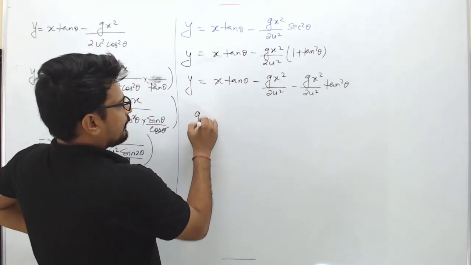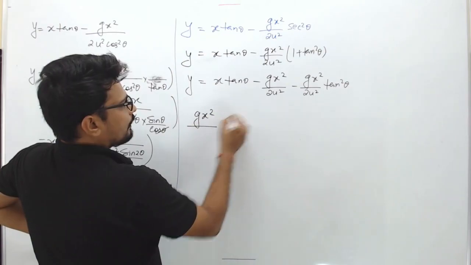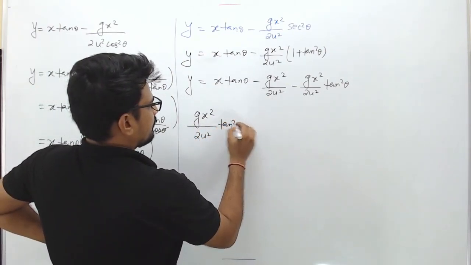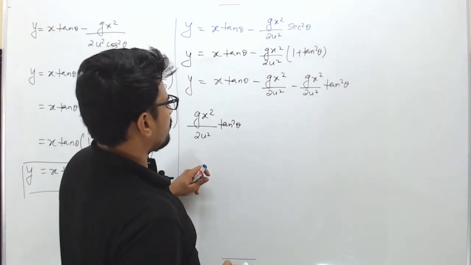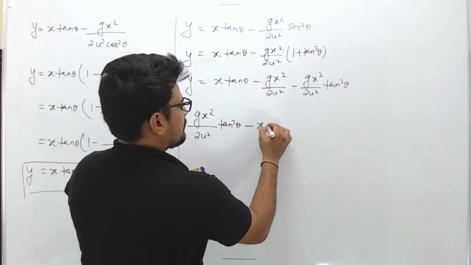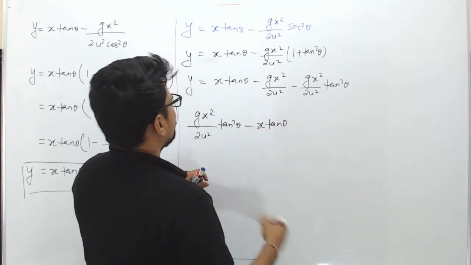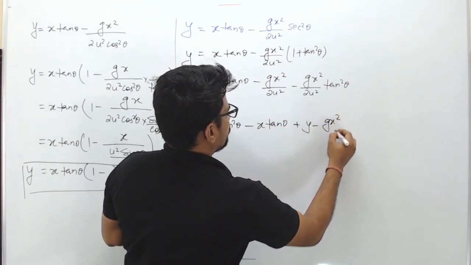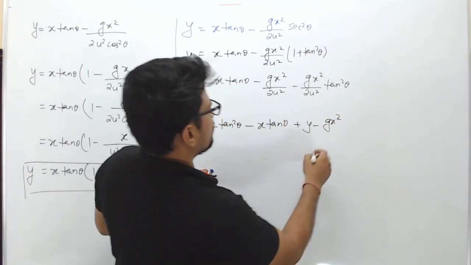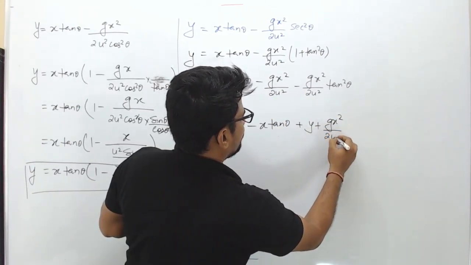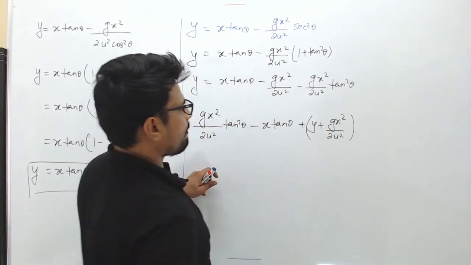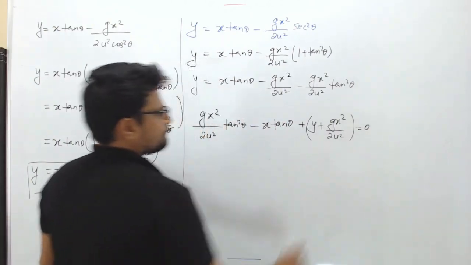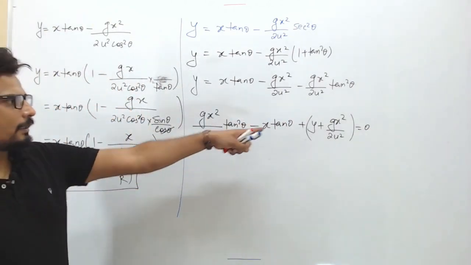So can you just see that gx square upon 2u square tan square theta minus x tan theta plus y plus gx square upon 2u square. See this. So we have finally got a quadratic in tan theta.